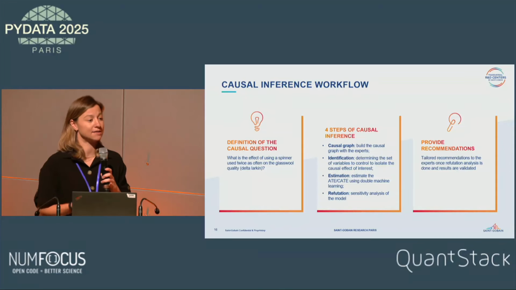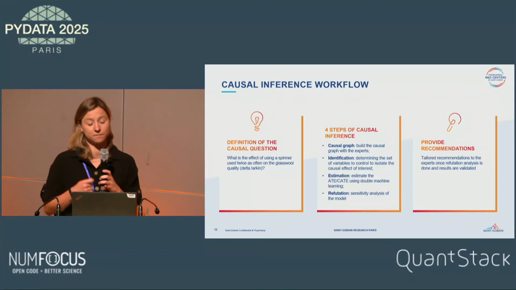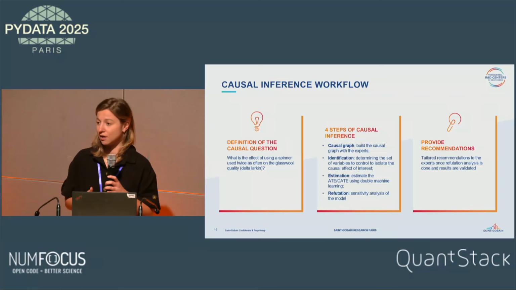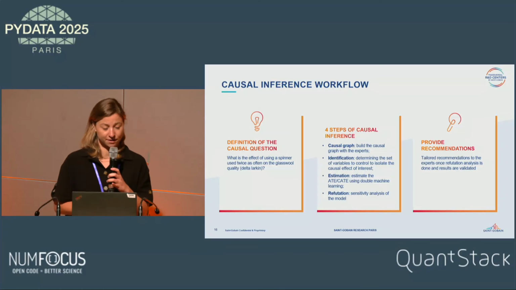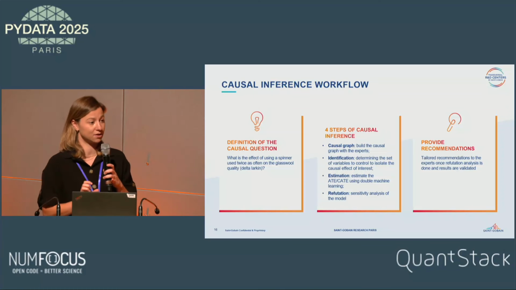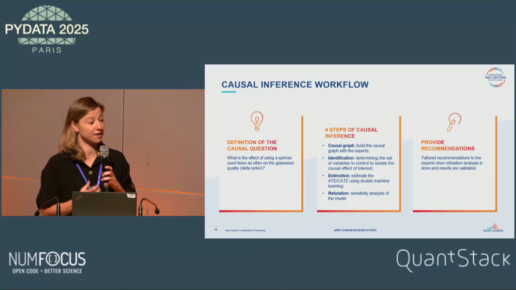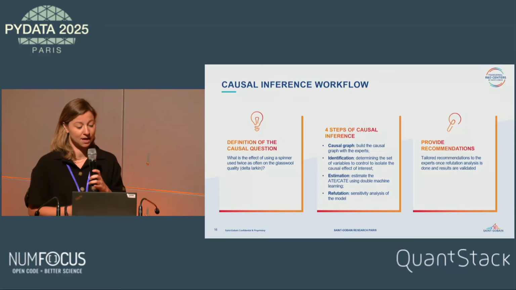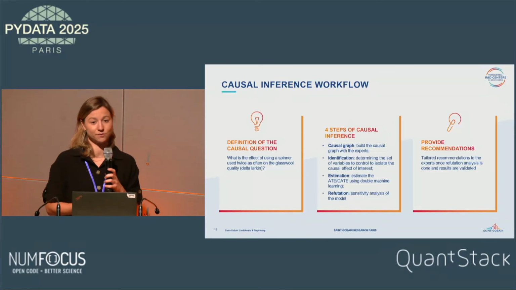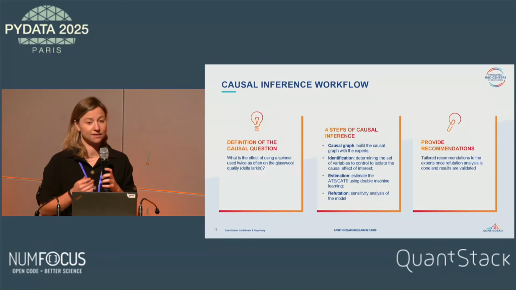And then we need to estimate the causal effect with, for example, the double machine learning methods that Patrick explained. Then, once this is done, we need to do the sensitivity analysis to study if the model is robust. If the sensitivity analysis, which is at the end, is correct, then we can provide recommendations to the plant.